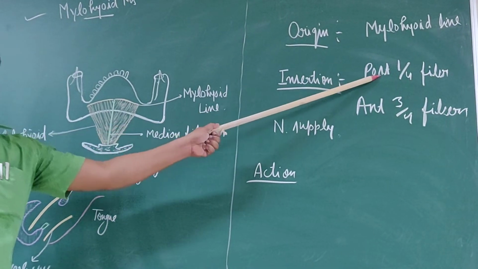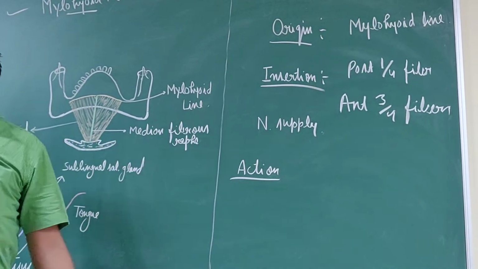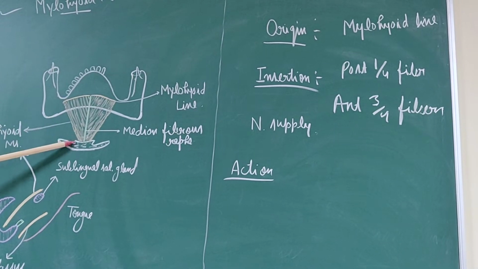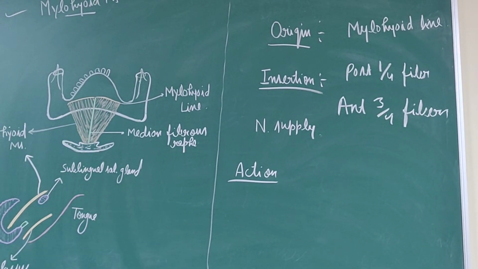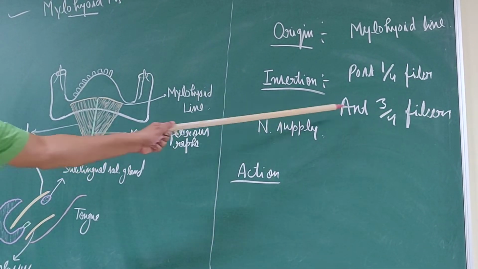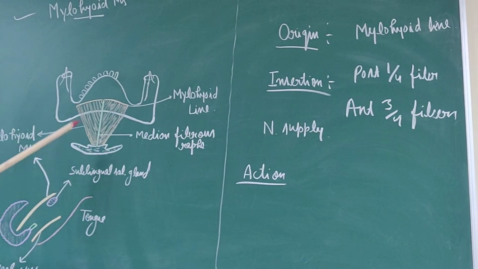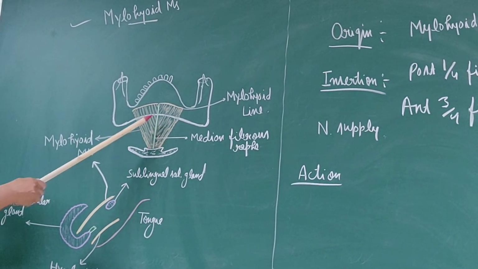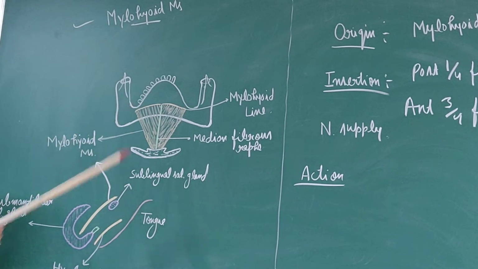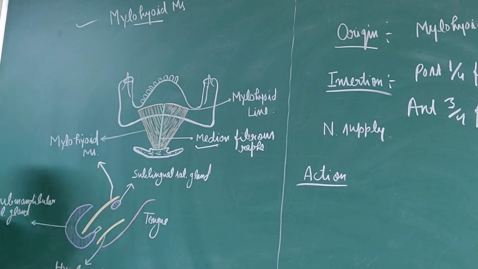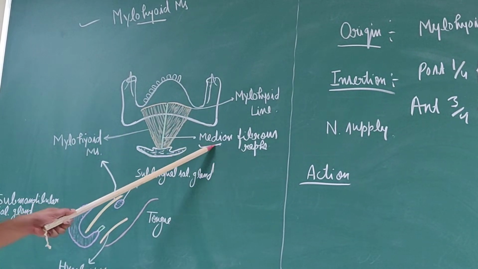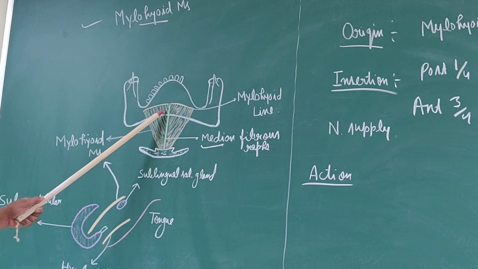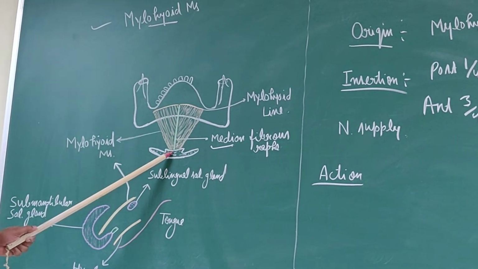The posterior one-fourth fibers of the mylohyoid muscle are inserted on the body of the hyoid bone, while the anterior three-fourths fibers of both sides are inserted on a median fibrous raphe that extends from the mandible to the body of the hyoid bone.